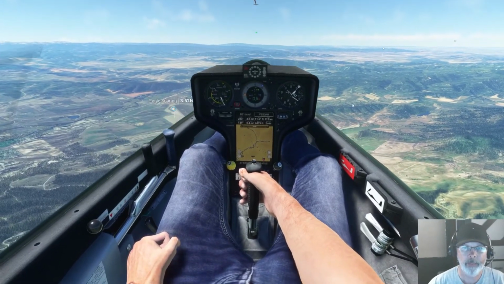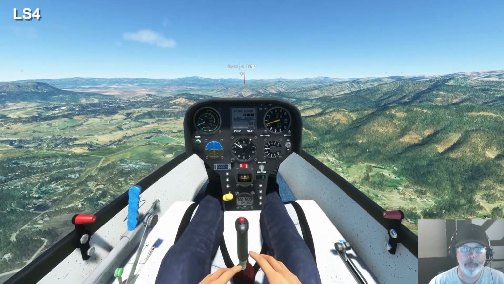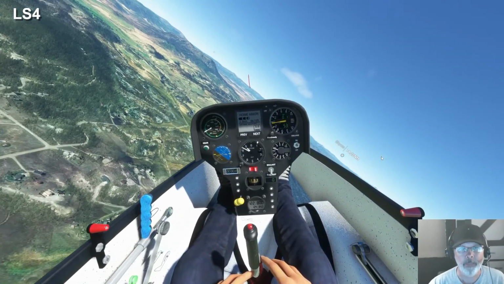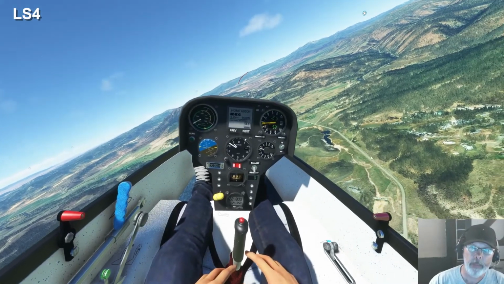Okay, next glider. This is the LS4. Here we go. Yeah, not seeing much of any adverse yaw in this. Let's do it again.